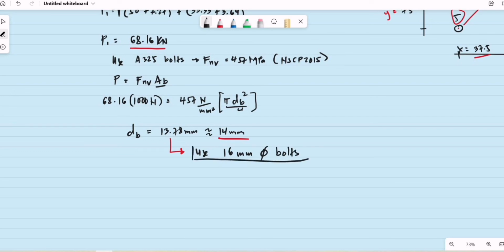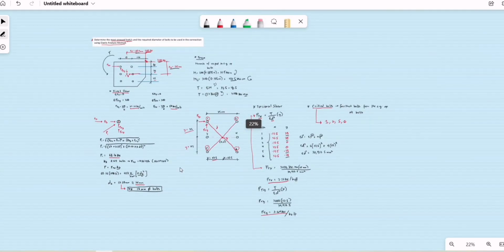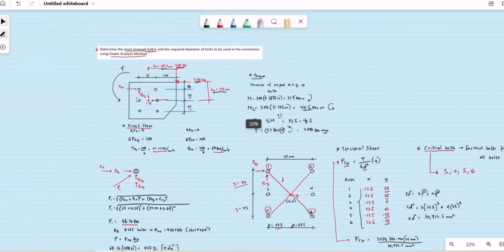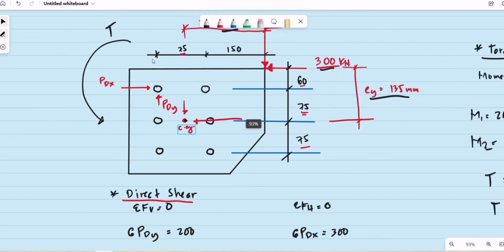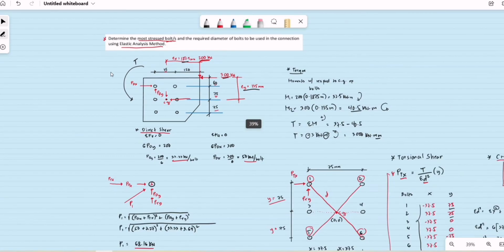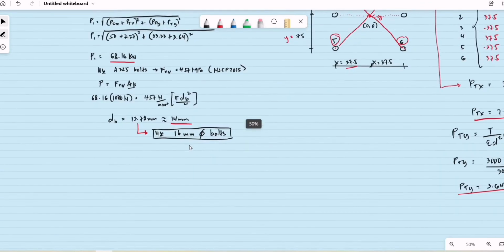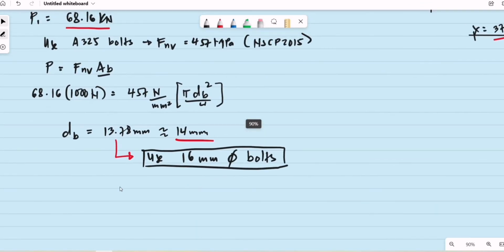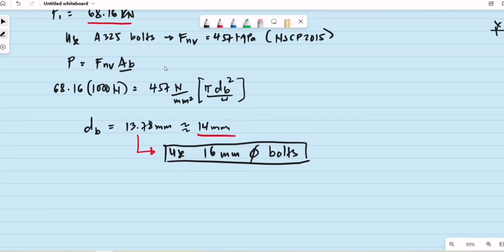Just to be sure and increase our factor of safety, I will be using 16 mm. This will be our solution for this example. The most stressed bolts are the farthest bolts from the center of gravity of all bolts. Using the elastic analysis method, the recommended diameter will be 16 mm diameter A325 bolts.